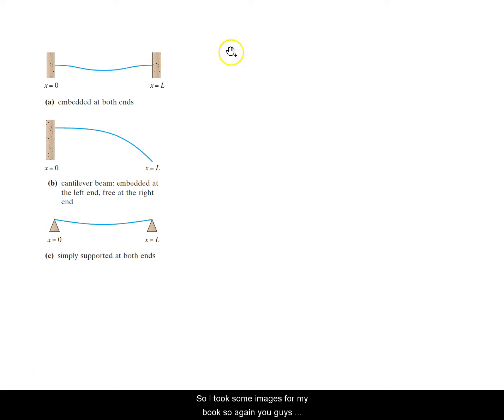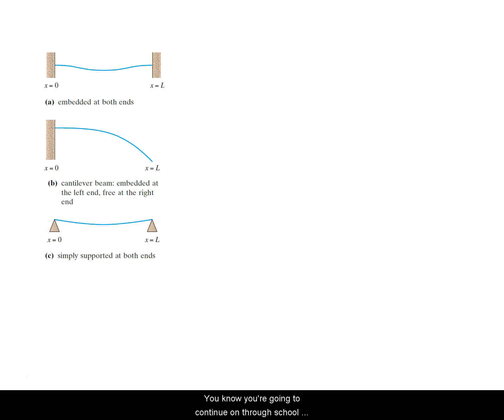So I took some images from our book. So again, you guys should be reading before we go over this material, right? I know you can go back and look through these videos, but it's always better to read and then watch a video, or to watch a video and then read. But you should definitely be reading.